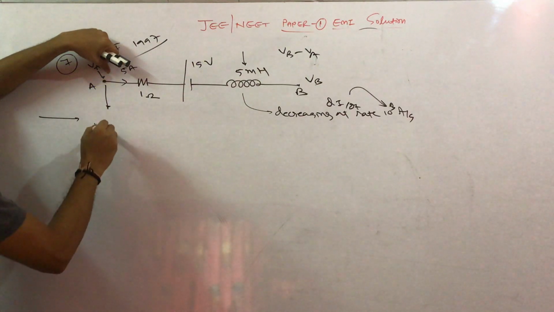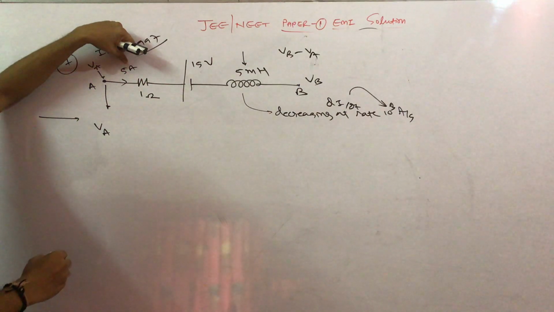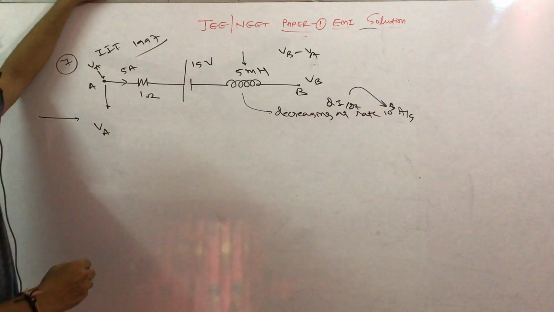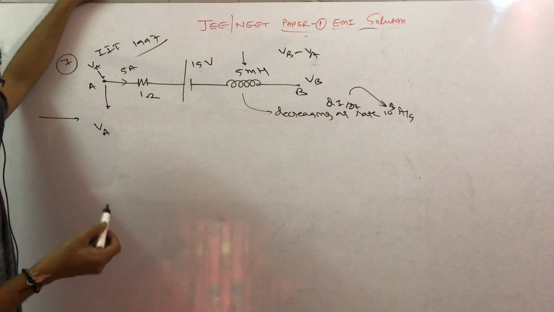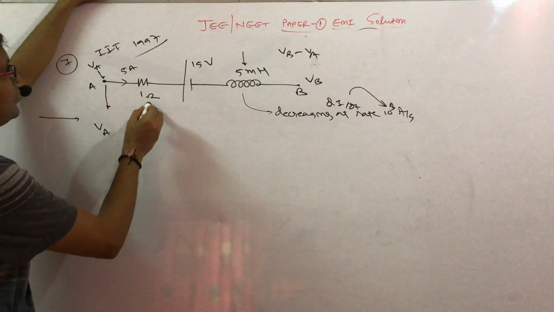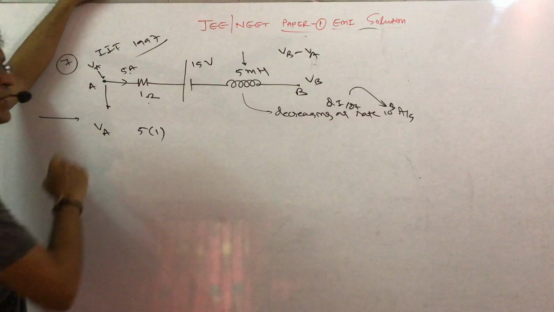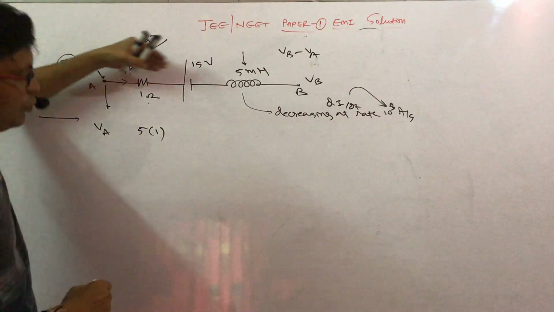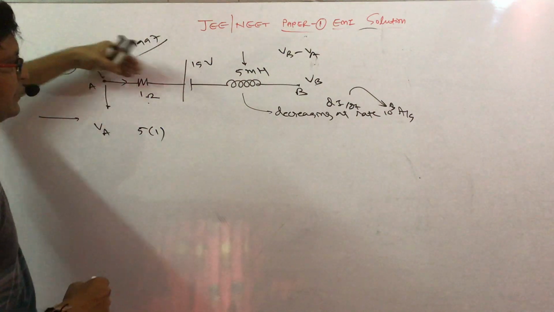Start here. VA, the current passing through this resistor is 5 ampere. So what is the potential drop across this resistor? Whenever you are discussing a resistor, the potential drop is current multiplied by resistance, so 5 multiplied by 1. What should be the polarity? Here you are moving from A to B, and your direction of journey and the current are in the same direction.